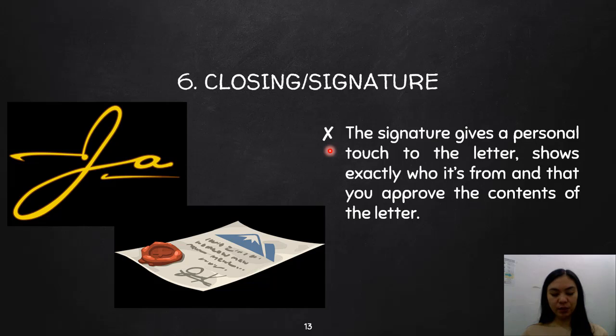The sixth part is the closing or signature. The signature gives a personal touch to the letter, shows exactly who it's from, and that you approve the contents of the letter. Since email is now common, sometimes certain companies will require that after creating the letter, you print it out, put your signature on it, scan it again, and send it as a file, especially for important documents.